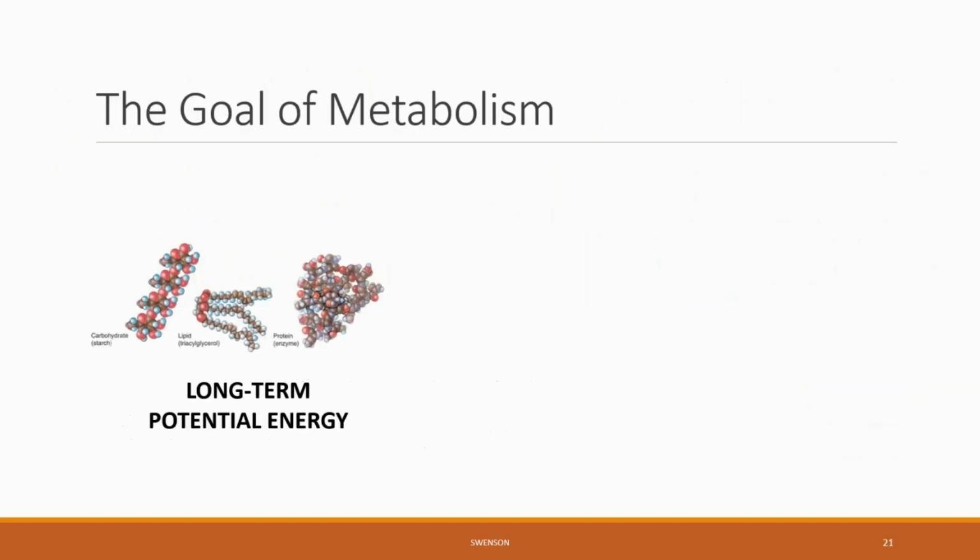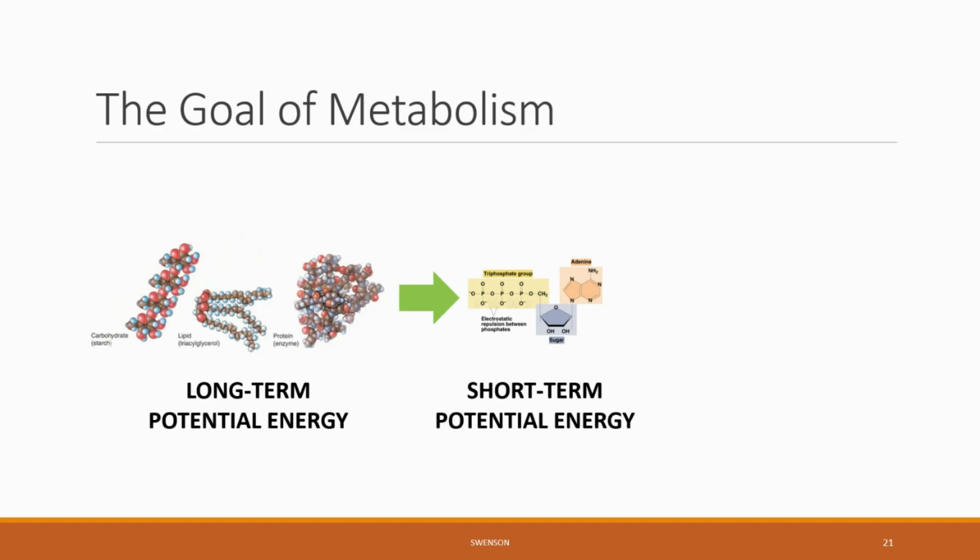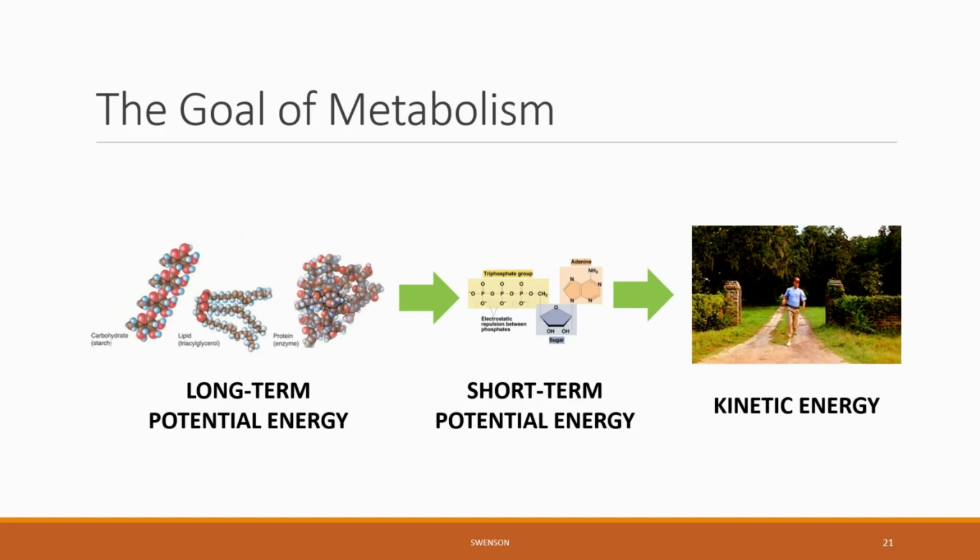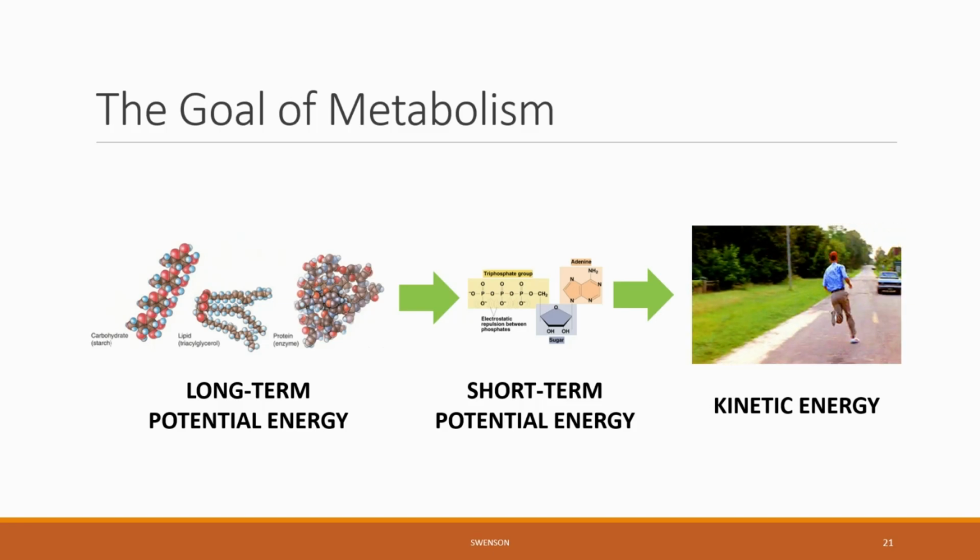So watch out for that. Another way we can think of this is as energy flowing from long-term potential energy in carbohydrate, lipid, and protein chemical bonds to short-term potential energy in ATP, and then finally being turned into kinetic energy to do work.